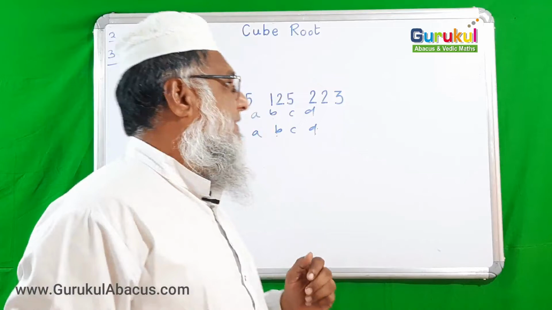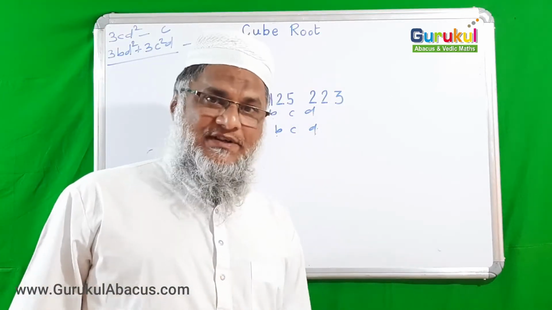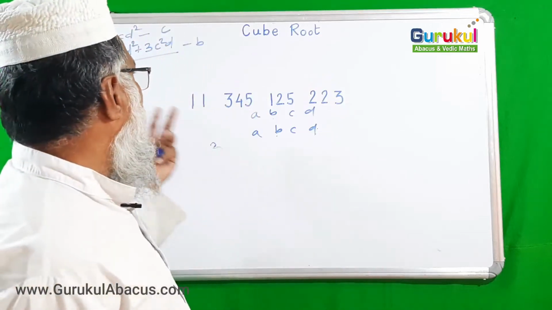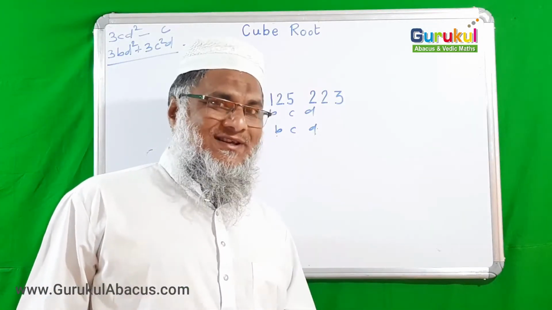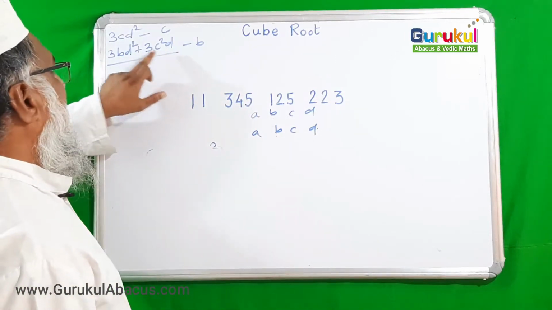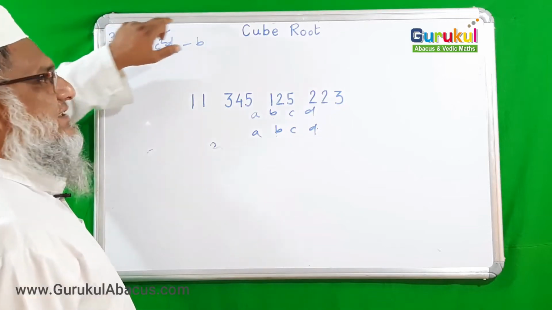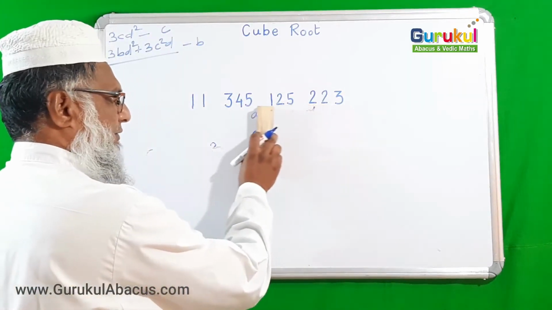But now here there are 4 pairs, means we are getting an answer of 4 digits, and by observation we found a and d. So our intention is to find b and c. For b we have this term now, and for finding c we have this term now. Now easily we can continue to solve the example. Now everything I want to rub here.